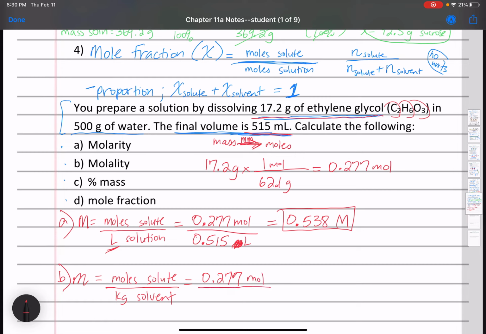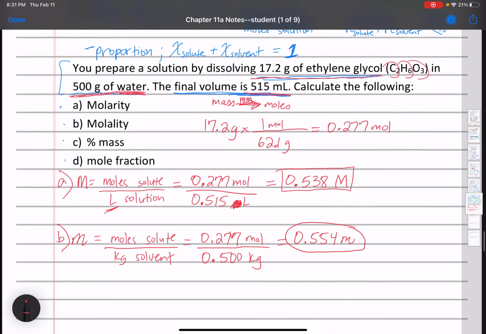The solvent here is the water, right? And I am given a mass of water, 500 grams. So to convert that to kilograms, that's 0.500 kilograms. So my molality is 0.554 molal. So they are similar, but they are not the same, the molarity and the molality.